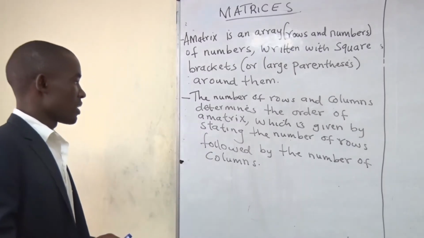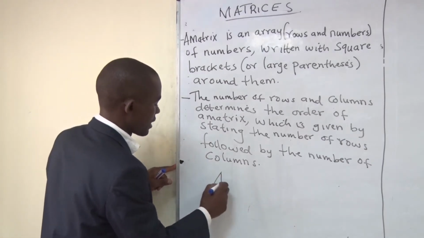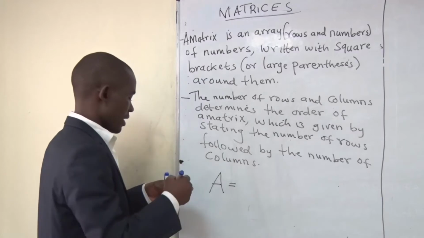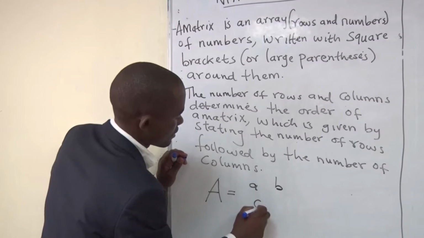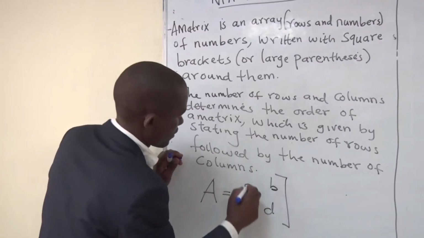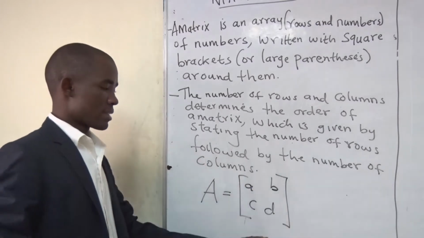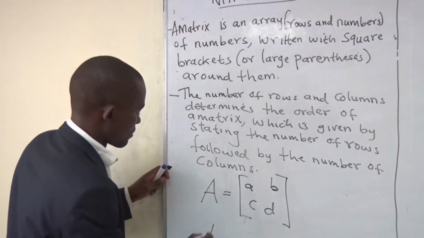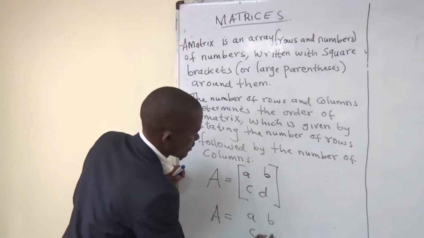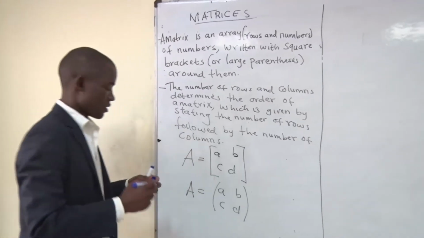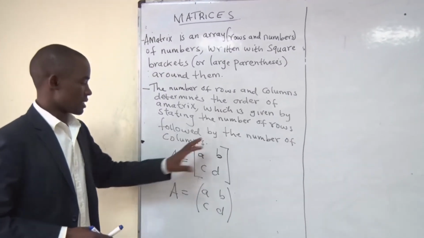An example of a matrix, for instance, if you are given matrix A, and we say it is given by A, B, C, D. You can decide to put square brackets, or sometimes you can have it written with parentheses. Whichever way, these two represent a matrix.